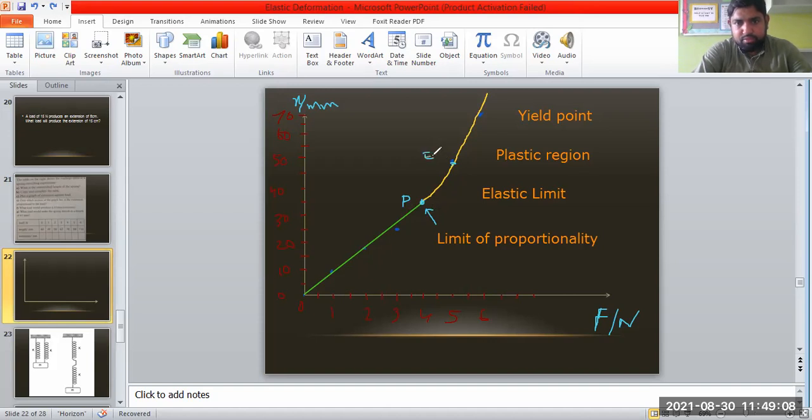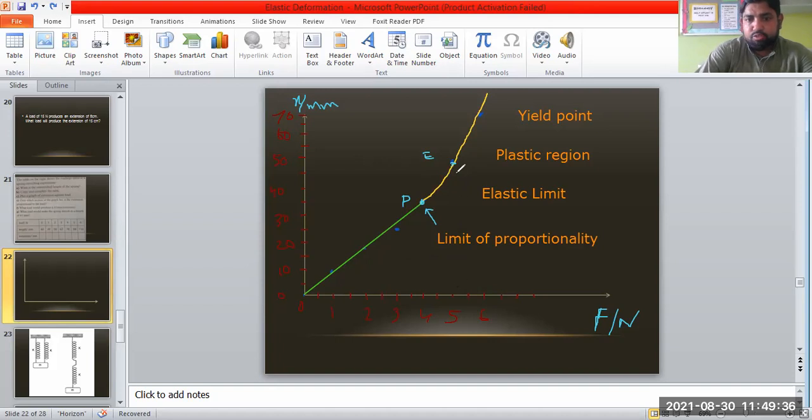So what happens? If you have applied the force till here, for example, this elastic limit is giving you a force of 5 newtons. If you apply a force of 5 newtons, there will be an extension of 48 millimeters. If you remove this force, that extension will be recovered and the object will regain its shape, as long as you have applied the force only up to 5 newtons.